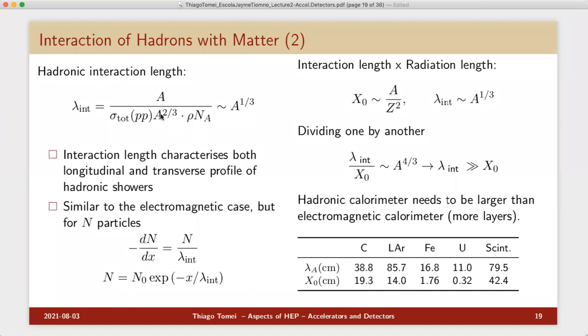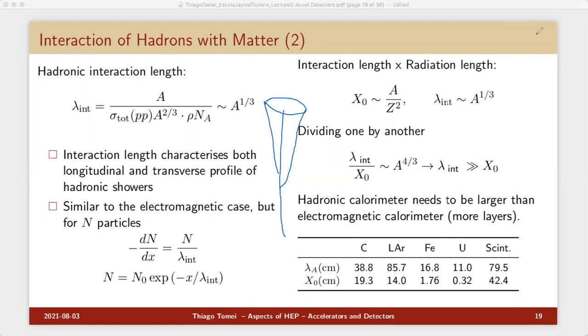The calculations are more involved and are semi-empirical, but in the end, you can do the same game: you can define a hadronic interaction length, which is this lambda interaction here, which has this particular form, which turns out to be proportional to A to the 1/3, where again, A is the atomic number.